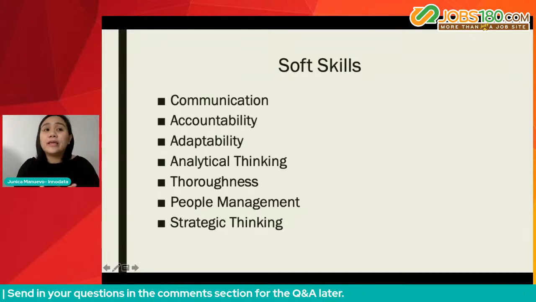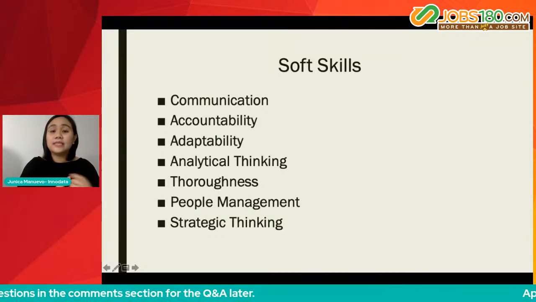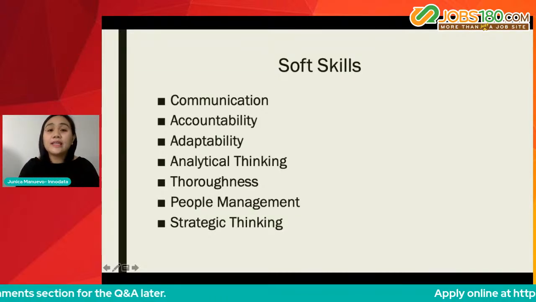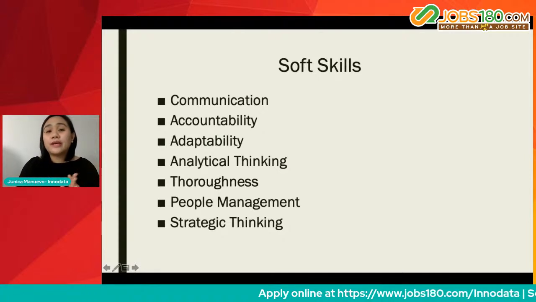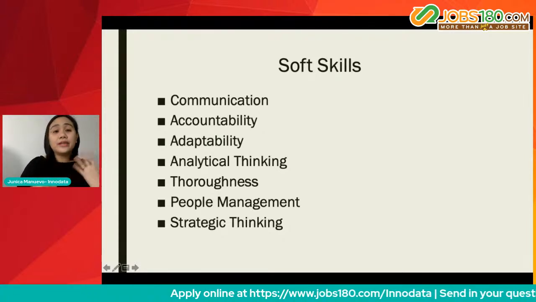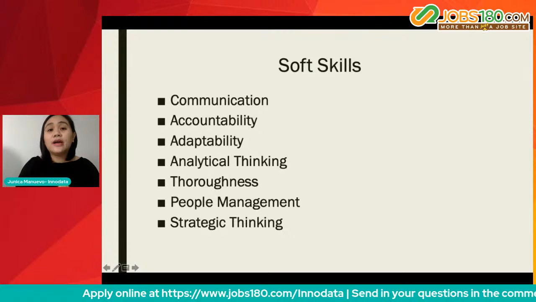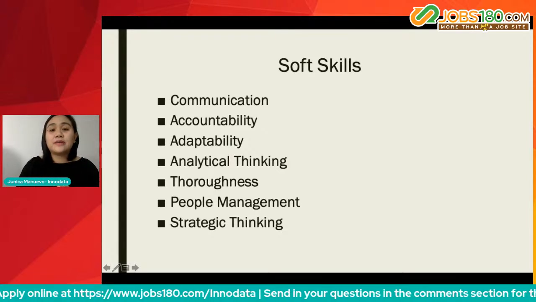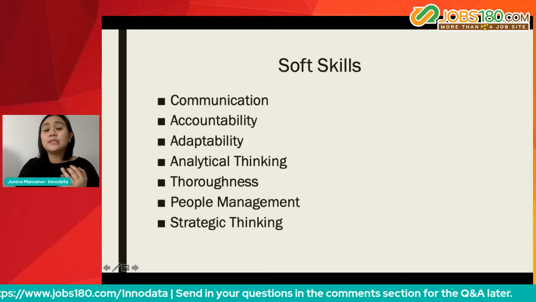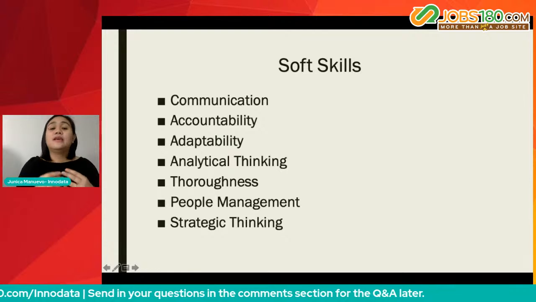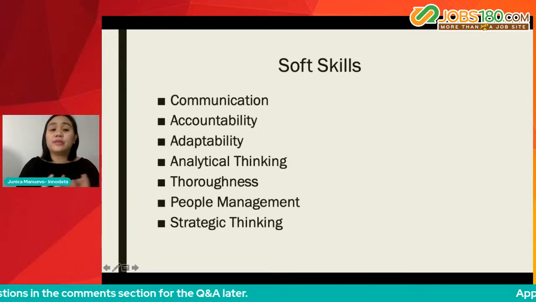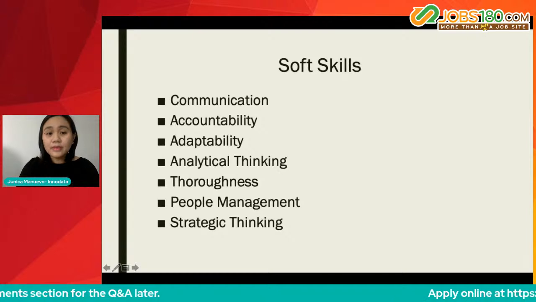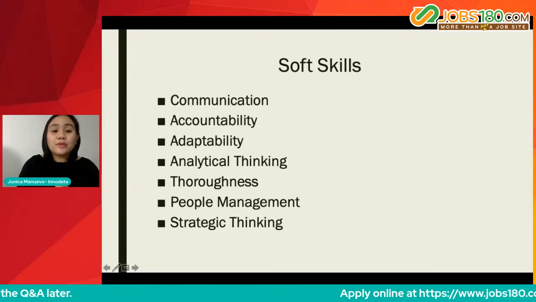Whereas if you're applying naman for a job that is related to writing, like essay writer, proofreader, copy editor, or copywriter, then you must also highlight your writing skills. For example, you're good in writing letters, reports, and emails. Those are the examples of verbal communication skills.